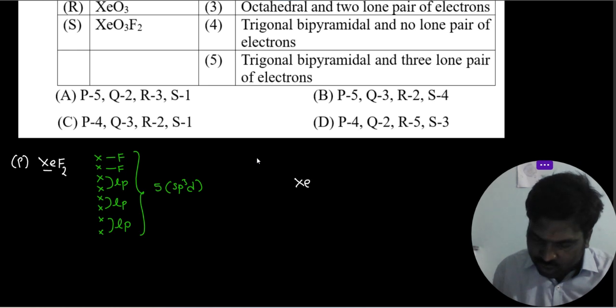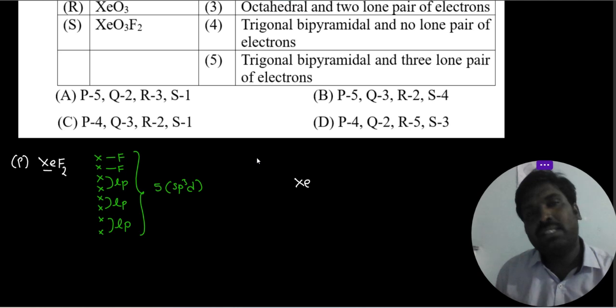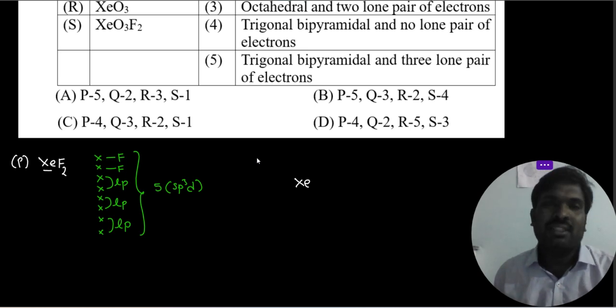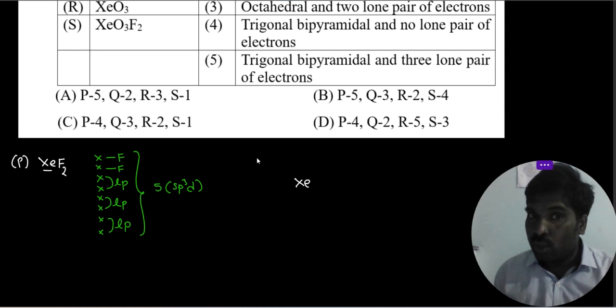So how can we write this? This is the xenon, with 3 lone pairs and 2 bond pairs. According to valence shell electron pair repulsion theory, bulky atoms, meaning big size atoms, and lone pairs always occupy equatorial positions to get more bond angle and less repulsive forces, meaning better existence of the molecule.